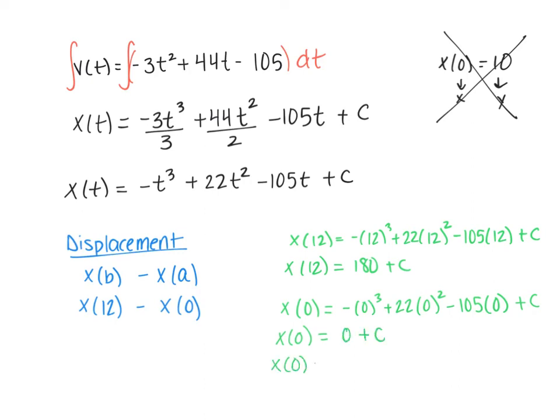So my x of 0 is c. So we're going to plug in two things and subtract them. So the first thing is 180 plus c, and the second thing is just c. So really it's just 180 plus c minus c. So the c's cancel, and the final answer is just 180 like we had before.